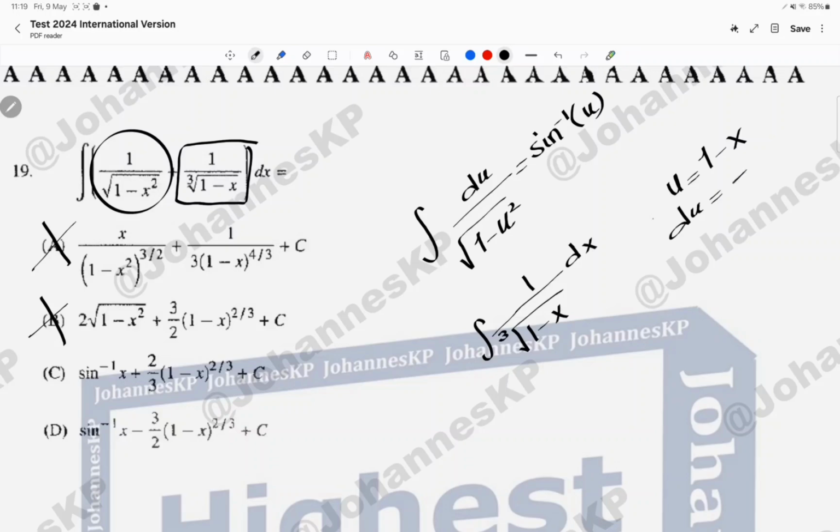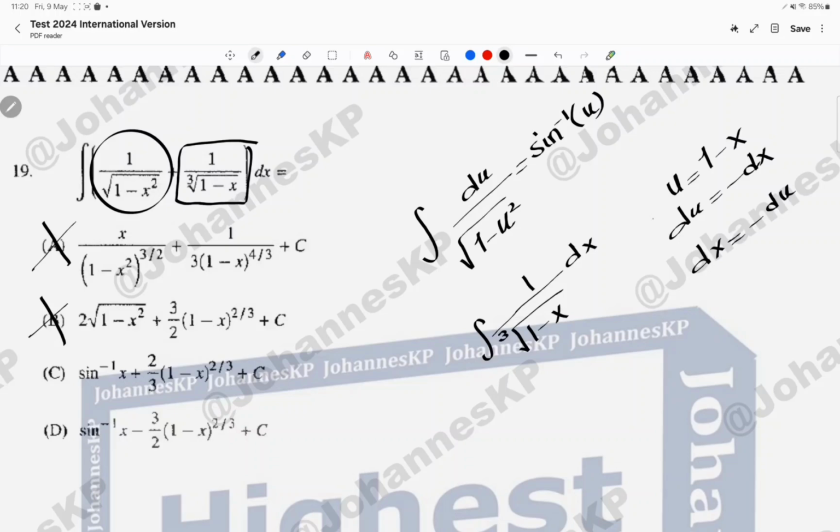When you differentiate x, you get 1, so minus 1 times dx, which is just minus dx. So dx is equal to minus du.